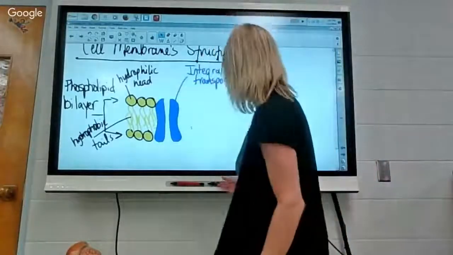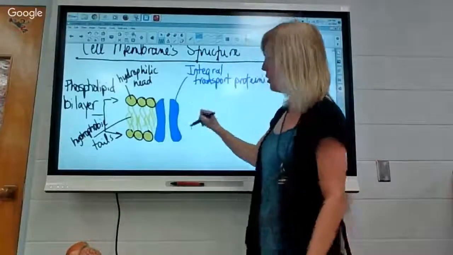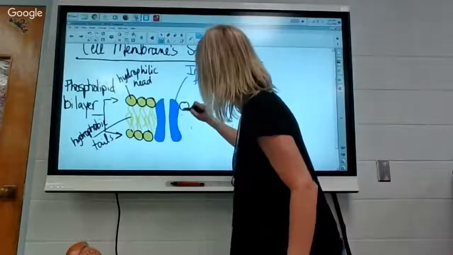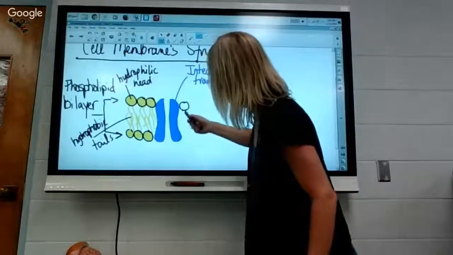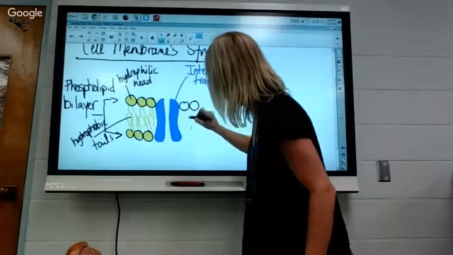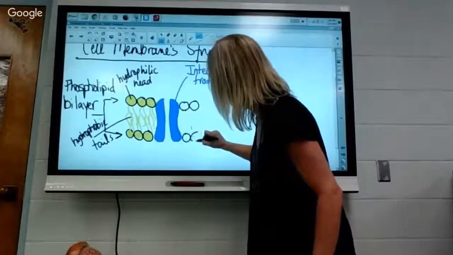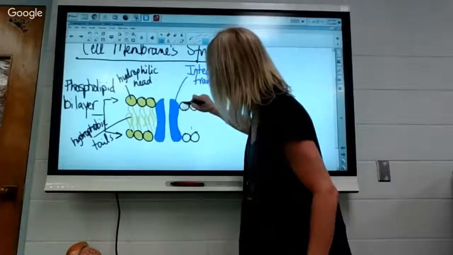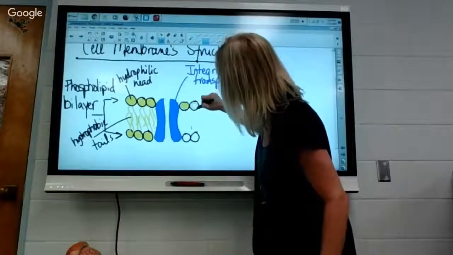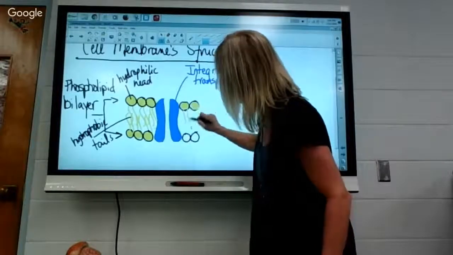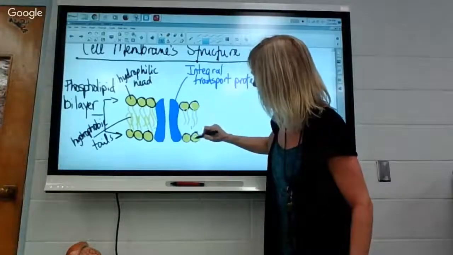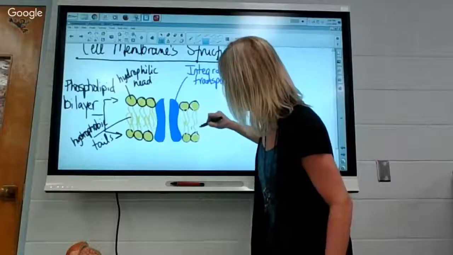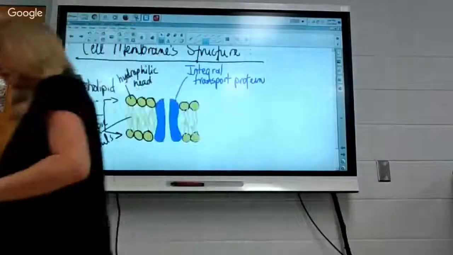Now let's take the color. We're going to draw a couple more of those lipids. All right, and this time we're going to put a different kind of protein on there.